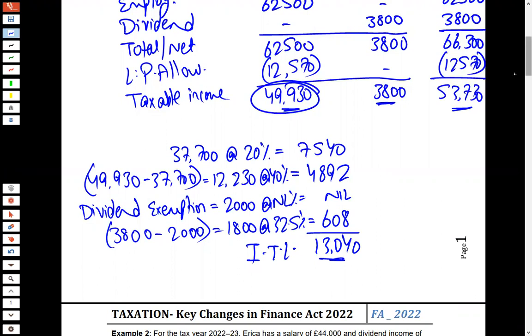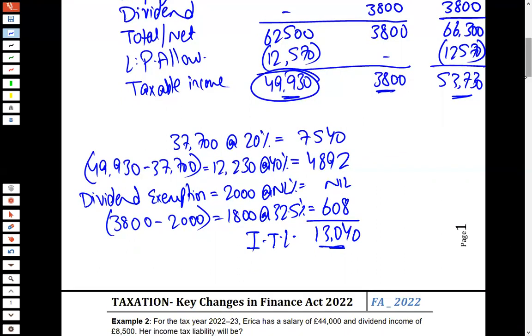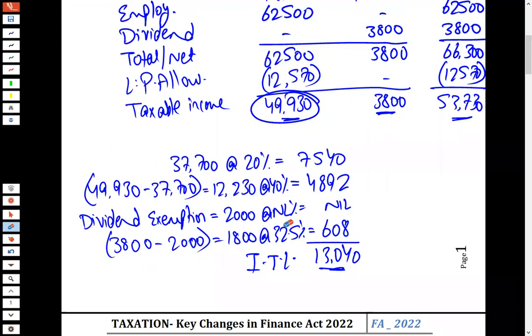Sorry, that's not 32.5, that's my bad. It's 33.75. The answer remains the same.